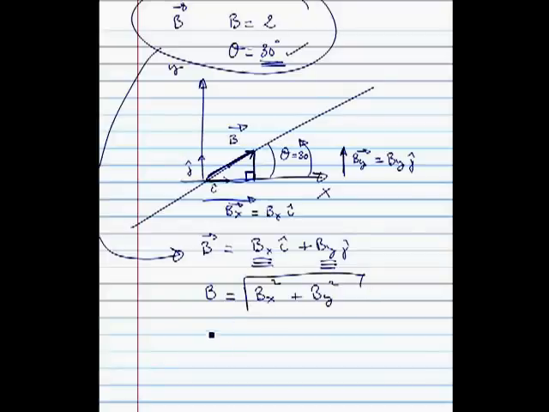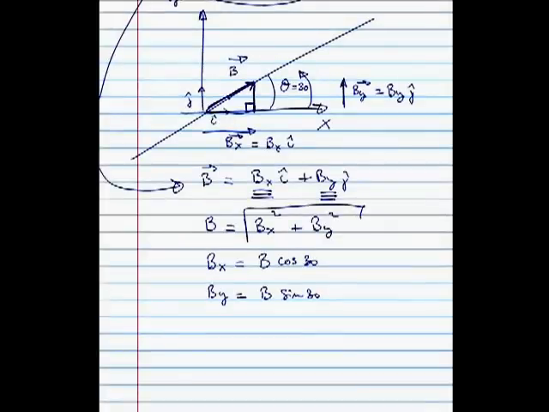Similarly, bx is the magnitude of b, which is the hypotenuse in this case, times cosine 30, and by is b sine 30.